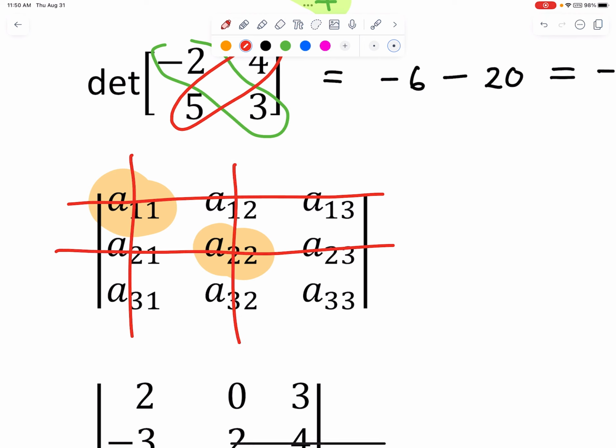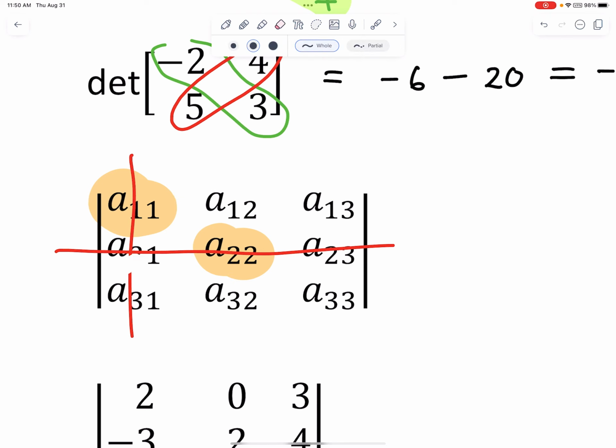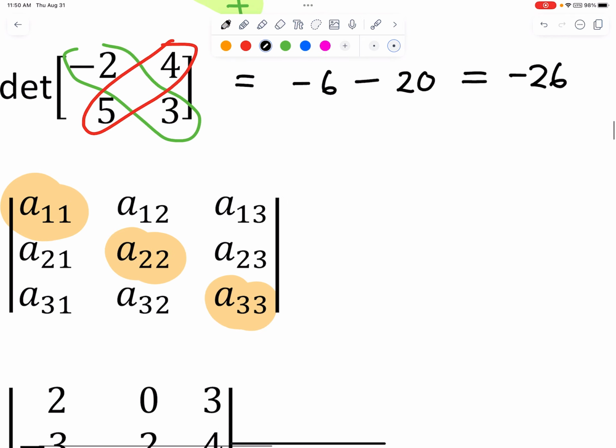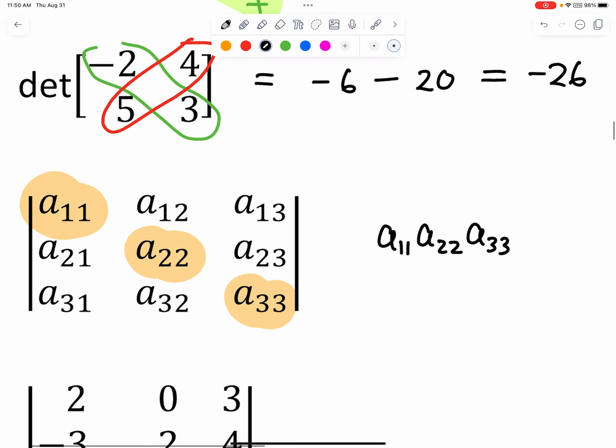So we're really forced now to just pick the A33 as my third entry involved in our elementary product. So one of our elementary products is going to be A11, A22, and I'm going to write them down so that the row indices are in increasing order, A33. And there's one of our elementary products.